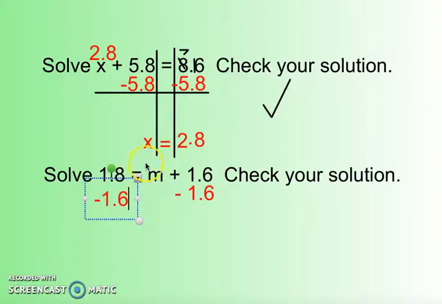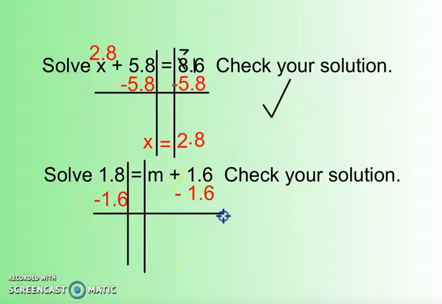I'm going to draw railroad tracks again because I want you to see the right side of the equation and the left side of the equation. And then I'm going to draw a line down so that I know that I am solving. Well, 1.6 minus 1.6, that's just 0, so I really don't even need to acknowledge that anymore.